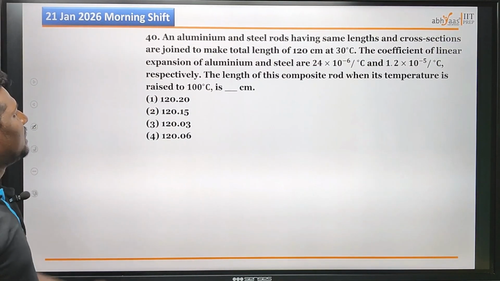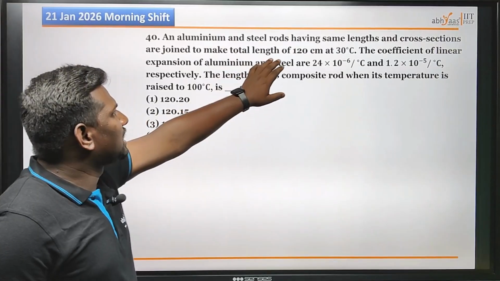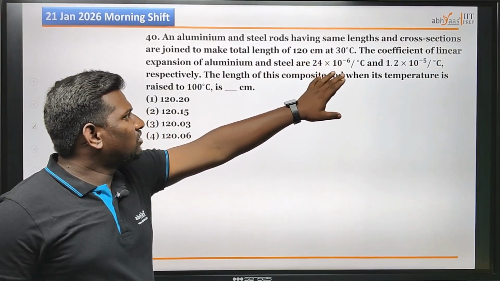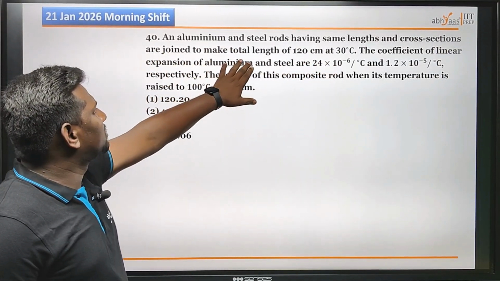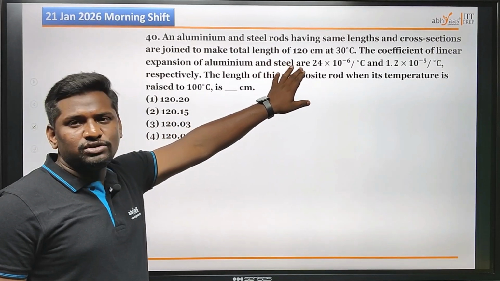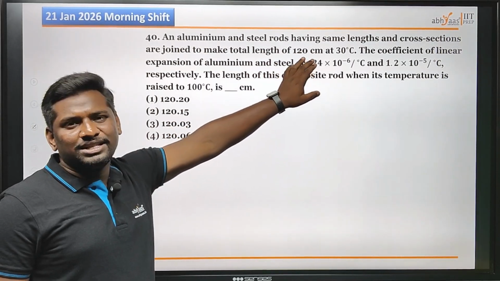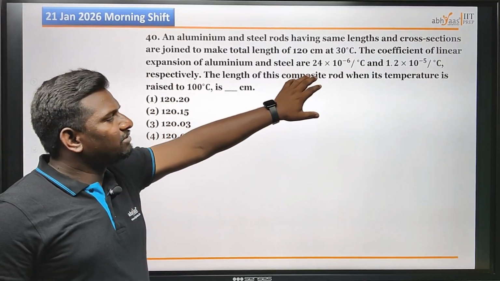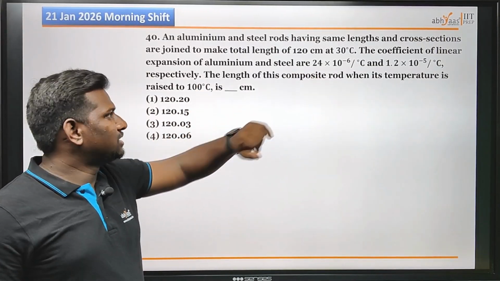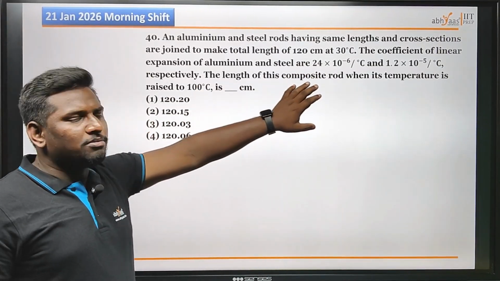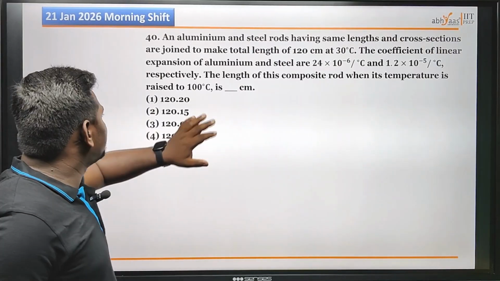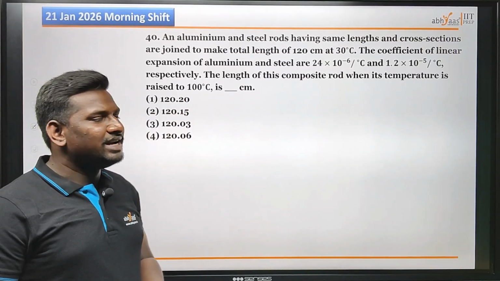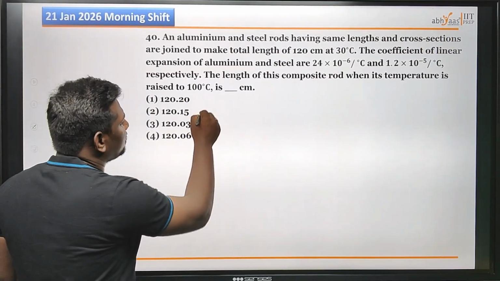So next one, see here, aluminum and steel rods have the same lengths and are joined together end to end to make a length of 120 centimeters at 30 degrees. They have given the coefficients of linear expansion for aluminum and steel. So the length of the composite when the temperature is raised to 100 degrees centigrade, delta L you have to find.